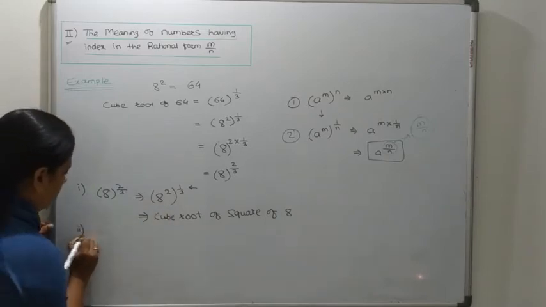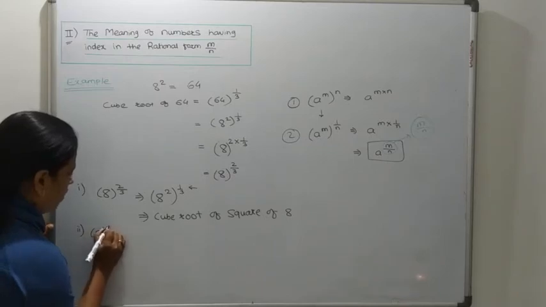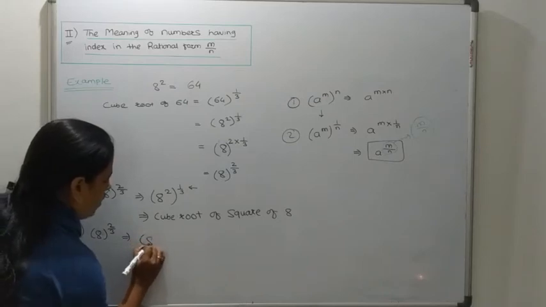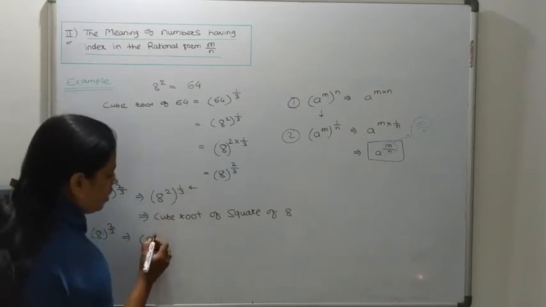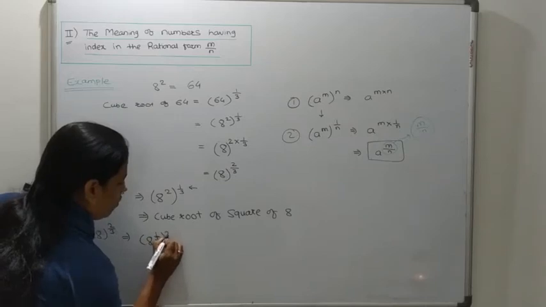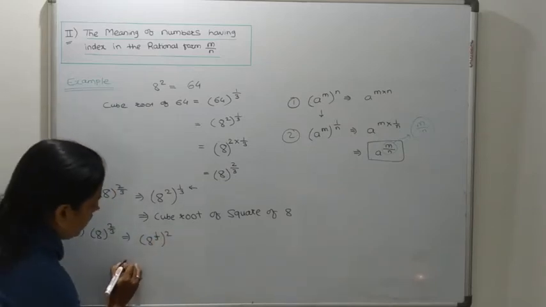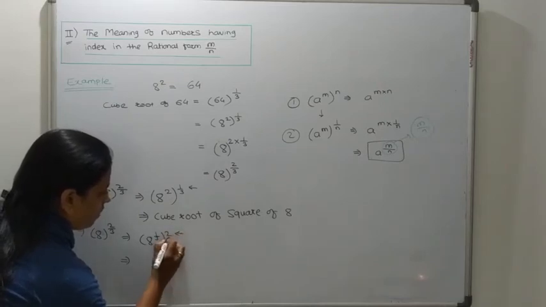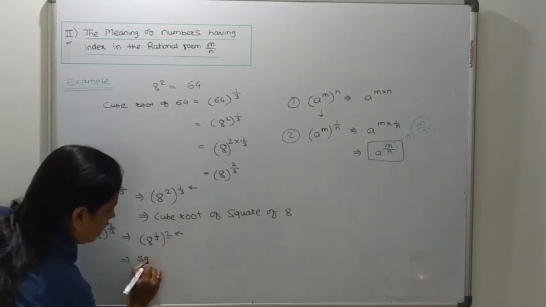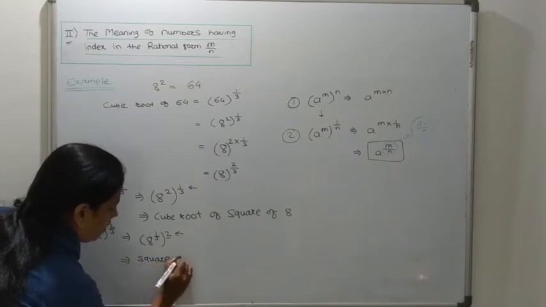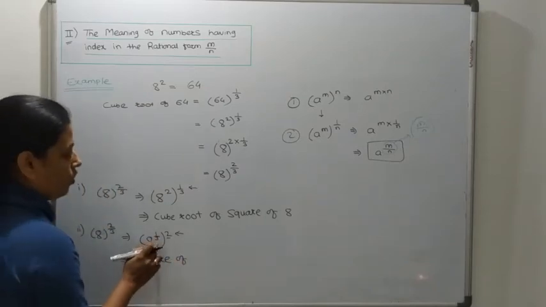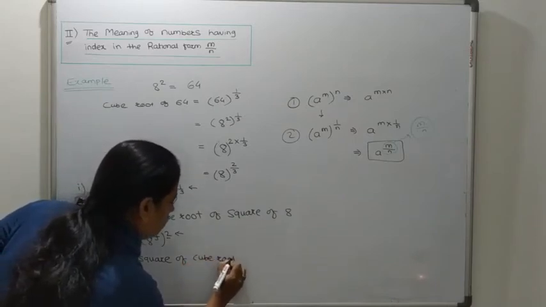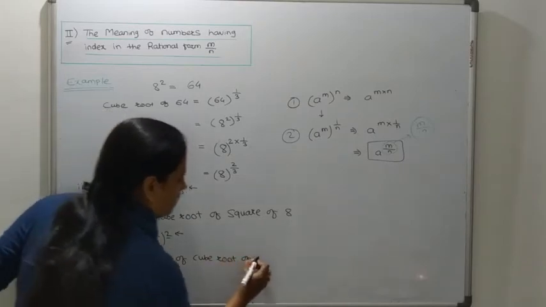Now the second way. For 8 raised to 2 upon 3, we take the 1 upon 3 in the bracket and the 2 outside the bracket. So first we take the square of the cube root of 8.